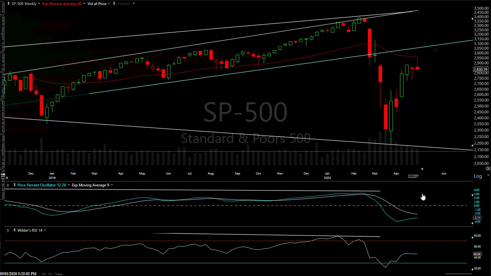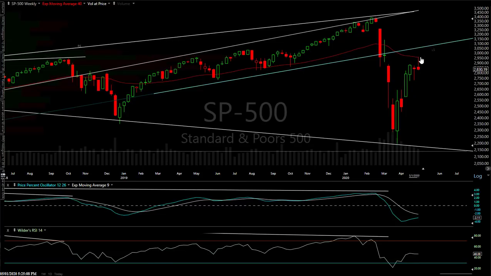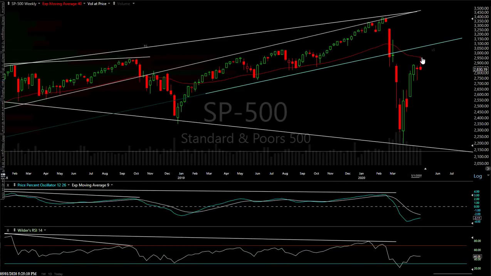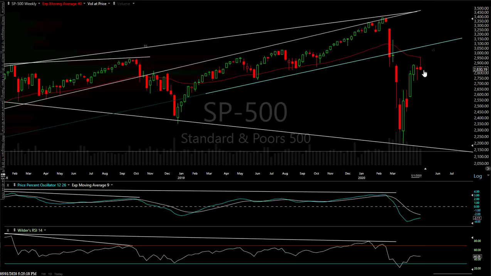So far, pretty much the market's stopping where it should stop if this is a bear market rally. Again, there's a little more upside if it wants to go up there and back test that trend line, and maybe come up and hit the next higher fib level. But that's where we're at now.